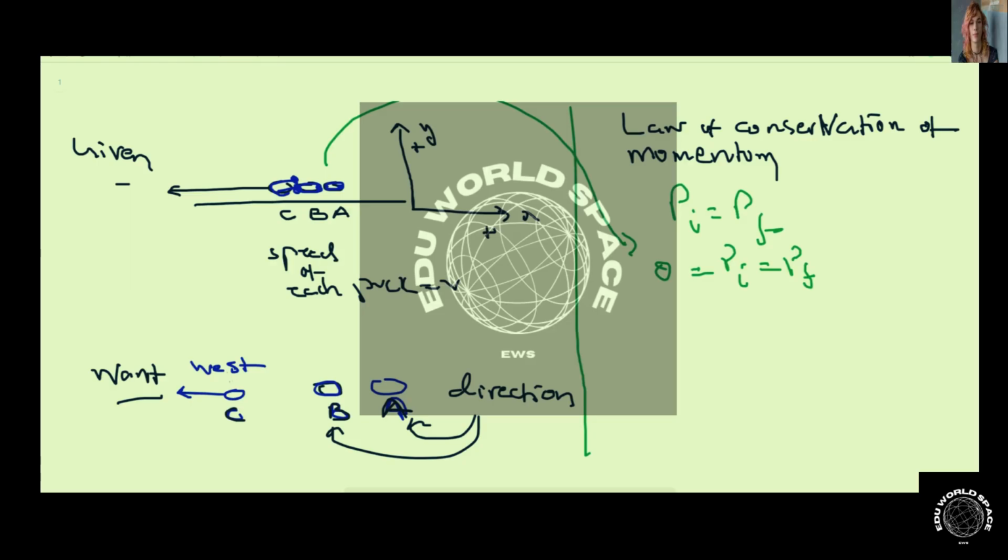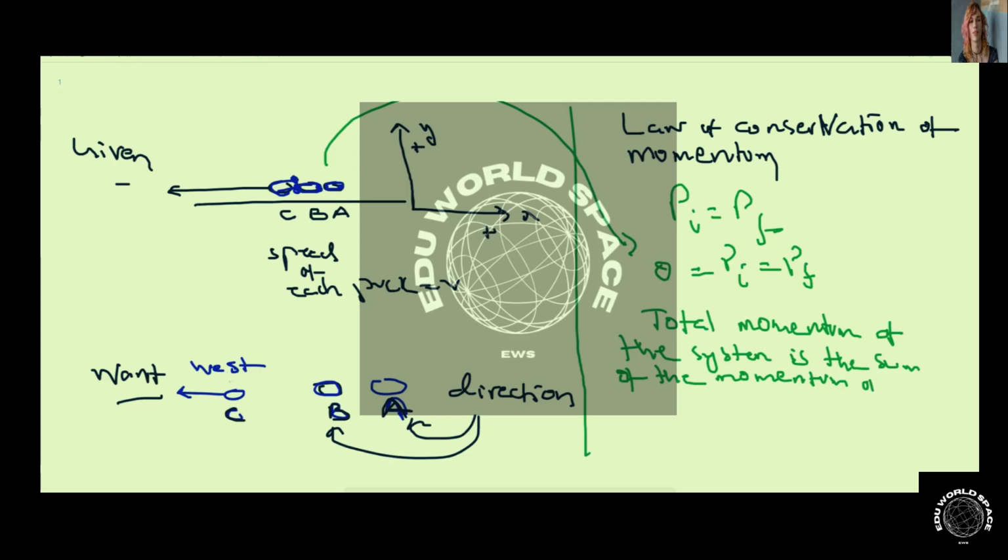The total momentum of the system is the sum of the momentum of each one. So we're summing them up: momentum of A plus momentum of B plus momentum of C has to be 0.